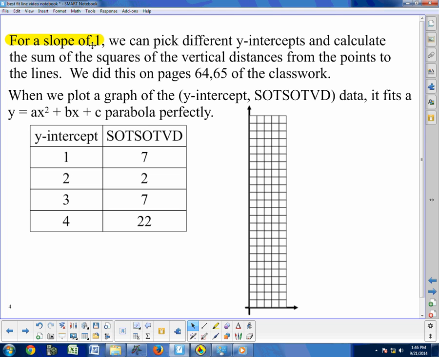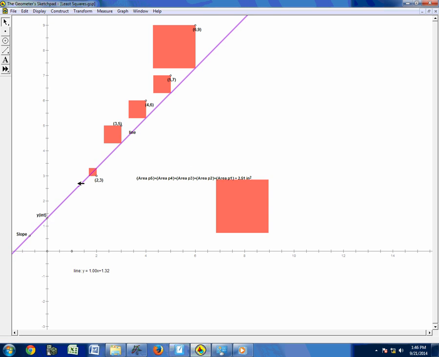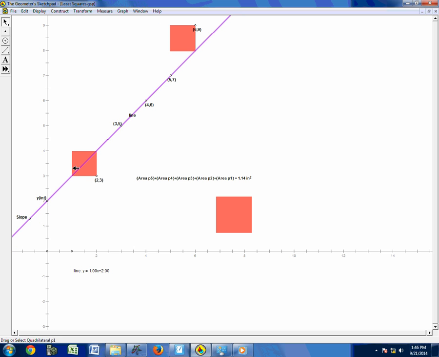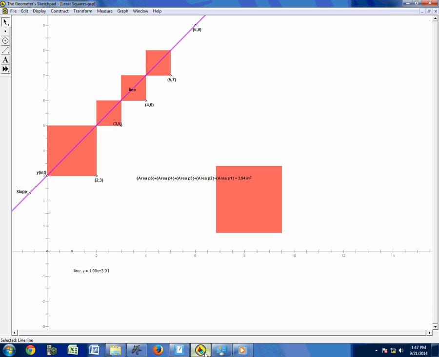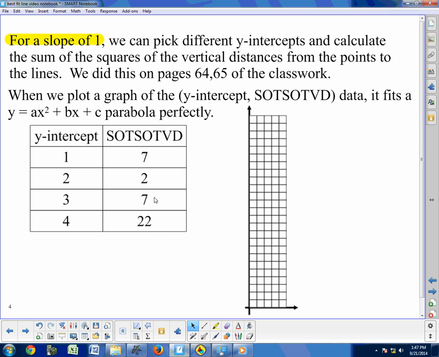If you give it the slope of 1 and a y-intercept of 2, then the sum of the squares of the vertical distances ends up being just 2, because this vertical distance is 1, this is 0, 0, 0, and 1 plus 1 makes 2. When the y-intercept is 3, then the sum of the squares of the vertical distances is back to 7, and when the y-intercept is 4, then the sum of the squares of the vertical distances is 22.